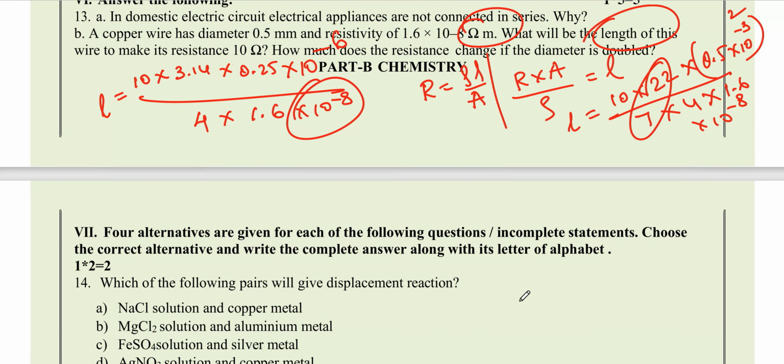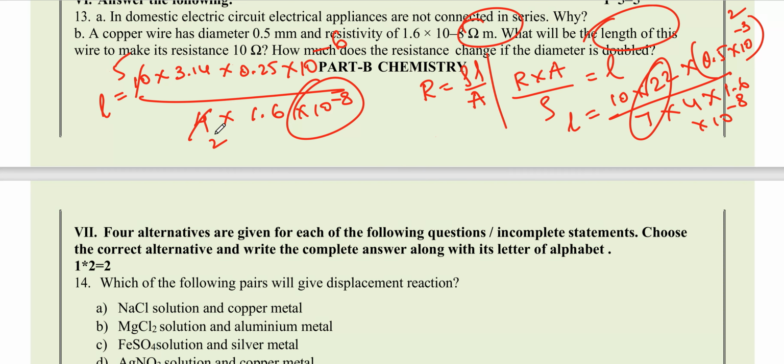Followed? Now let me cancel step by step. 2 2s are 4. 2 5s are 10. Any other values that could be cancelled? 3.14 into 0.25 is there, 2 into 1.6 is there.